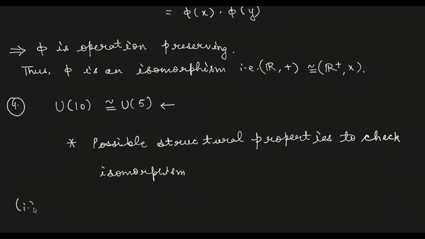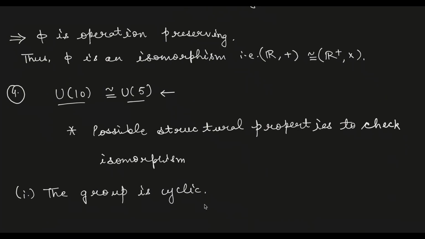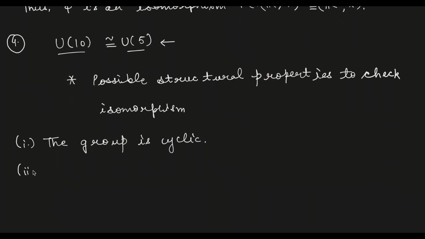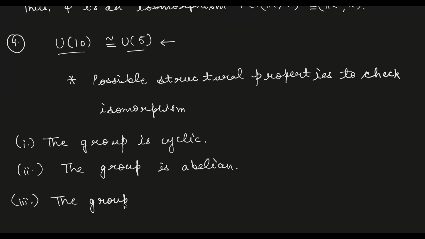First, the group is cyclic. We can check U10 and U5 are cyclic or not. Second, the group is abelian. Third, the group has a specific order, say 8.